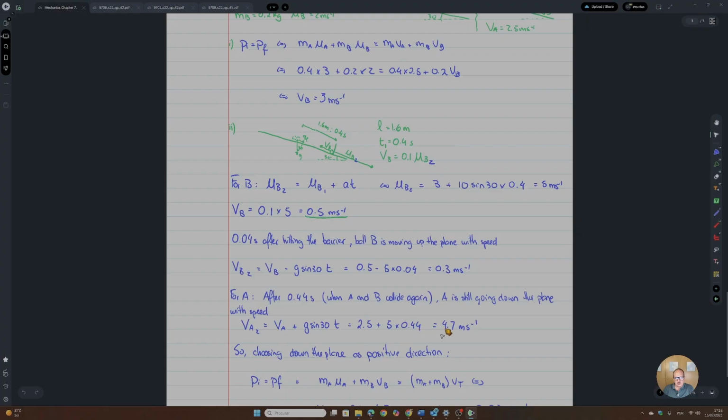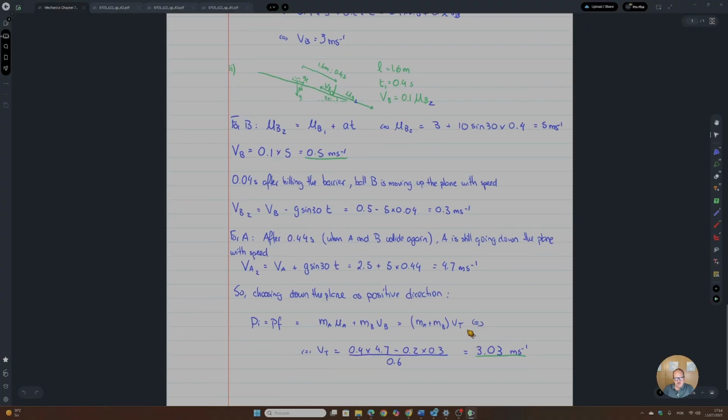So substitute the whole thing, and you have the speed of A, which is 4.7 meters per second. All right? Now, don't forget that these are speeds, not the velocities. So let's choose down the plane as a positive direction.